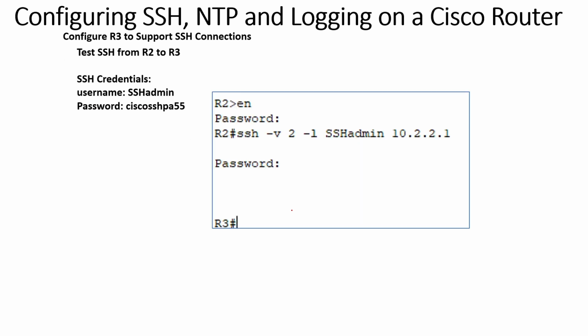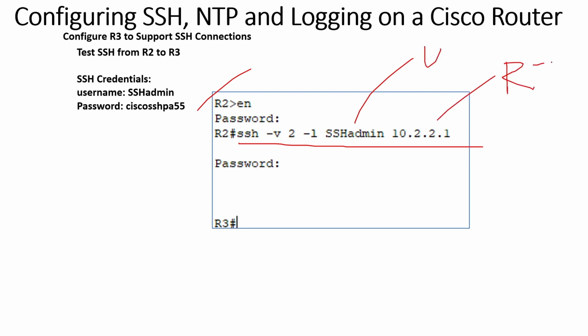If you want to access R3 from another router, then you can also do that. Let's say from R2. This is router number 2. You use this command, ssh -v 2, which means version 2 of SSH, which is the only version that is currently enabled on R3, and then this is the username, and then this is the IP of our R3.